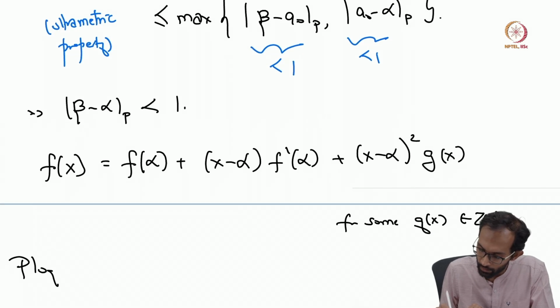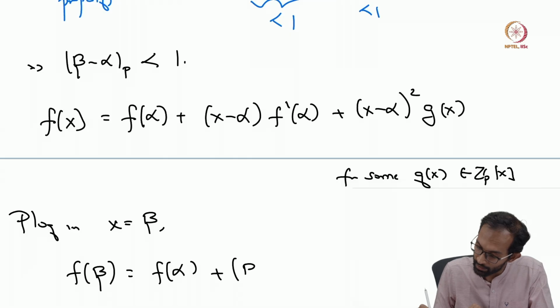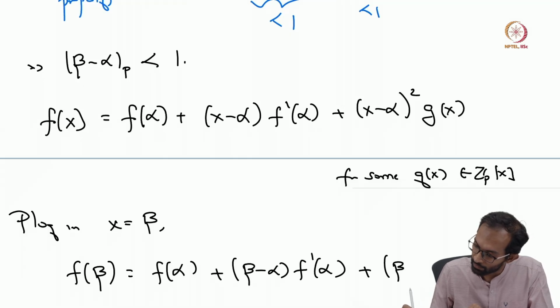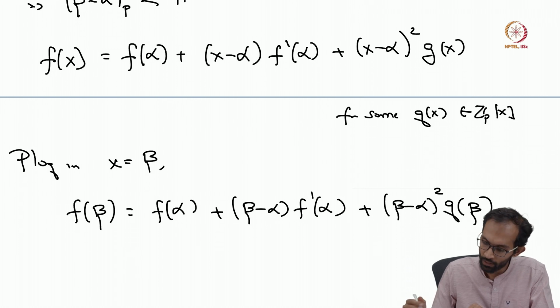And now if you plug in x equals beta, we get that f of beta equals f of alpha plus beta minus alpha times f prime of alpha plus beta minus alpha squared times g of beta.